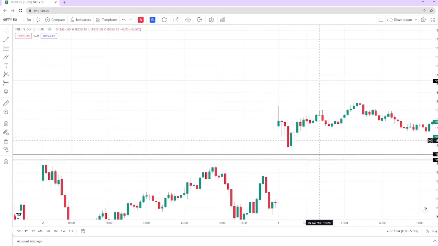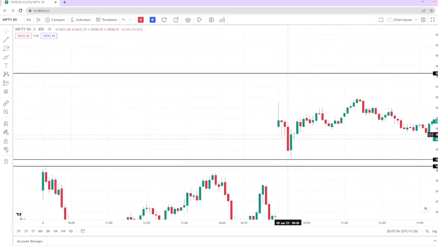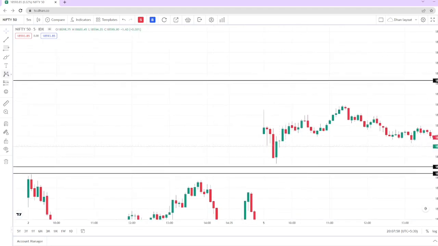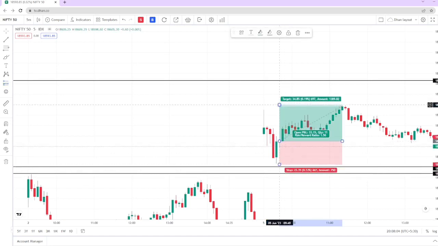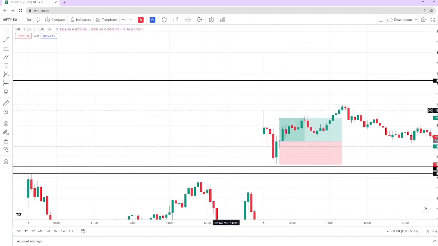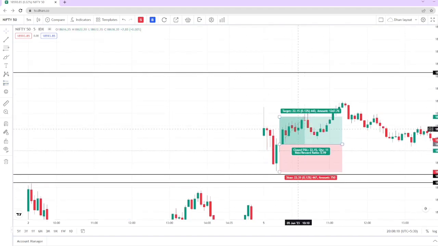When you see this kind of price action, we can go for a scalping trade on the upside. Just when this candle closes, the stop loss can be at around here, and we can plan for at least a 1:1 risk to reward ratio. It is very much achievable in this kind of scenario.